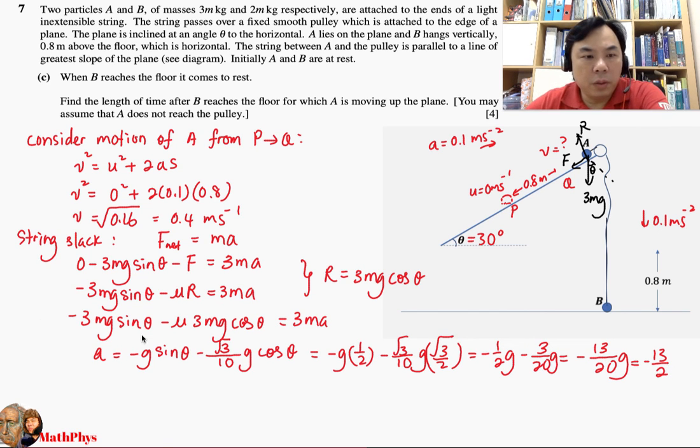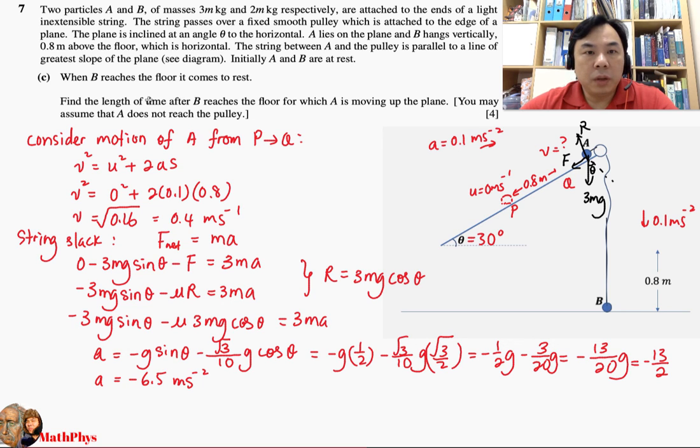All right, so from here we know that the acceleration, or it is deceleration basically, is negative 6.5. So 6.5 meter per second squared. It's decelerating. Now we have found its deceleration.